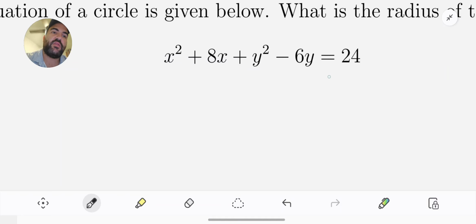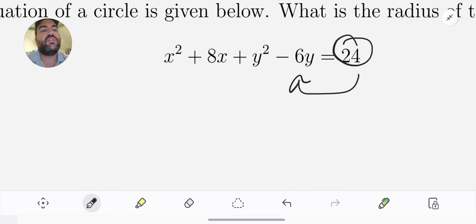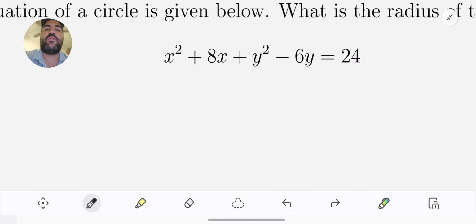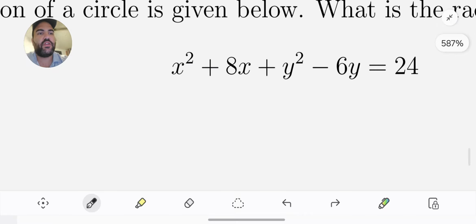They already did the first step. This number can't be on this side. So they already put it on the other side for us. So we should only have x's and y variables with their coefficients. What we're going to do right away, we're going to deal with that one first.